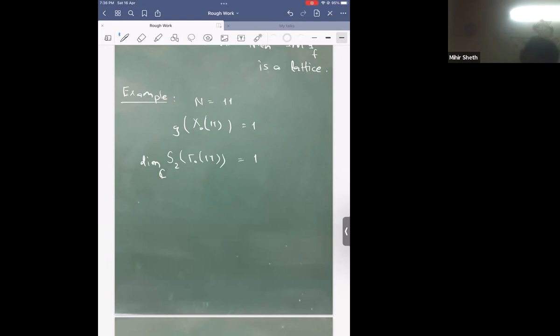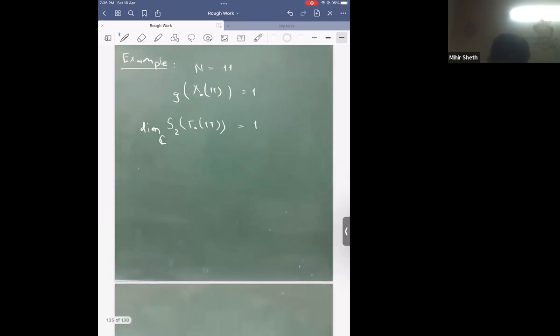So any non-zero form is an eigenform, and in particular we consider the normalized eigenform.